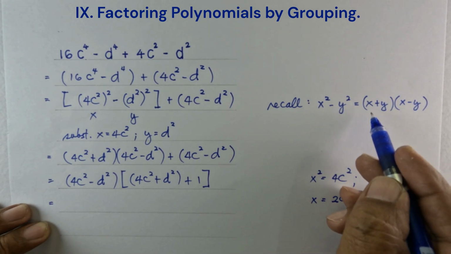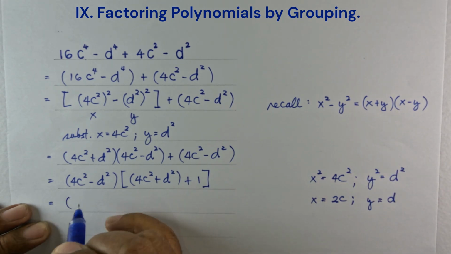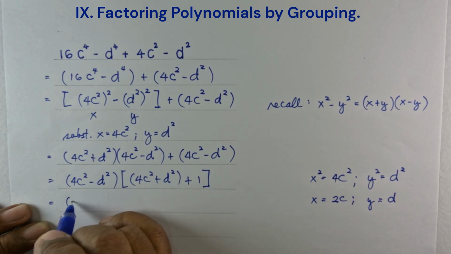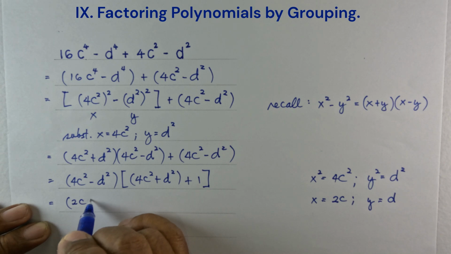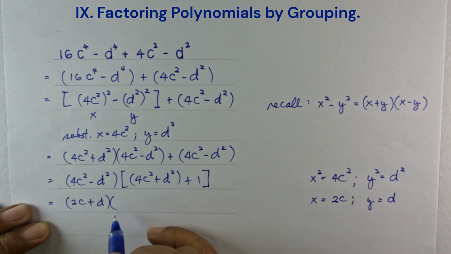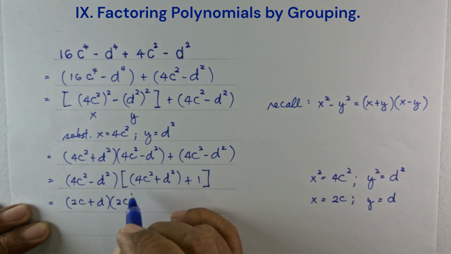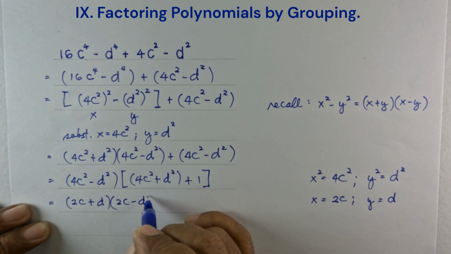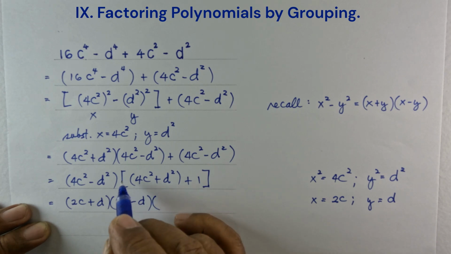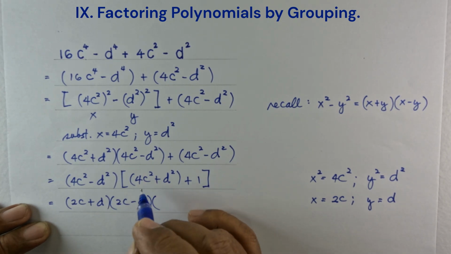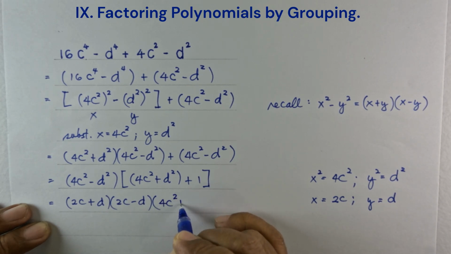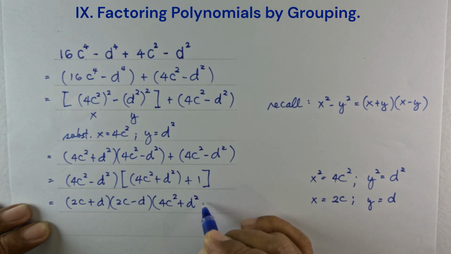So that's x plus y, that's 2c plus d, times x minus y, 2c minus d, times, now let's remove the bracket, that's 4c squared plus d squared plus 1.